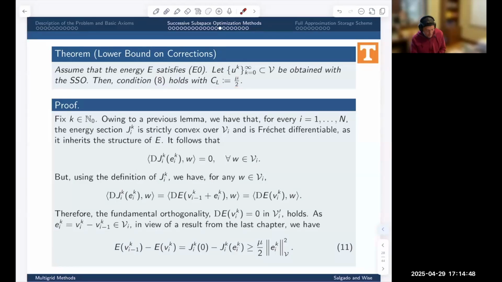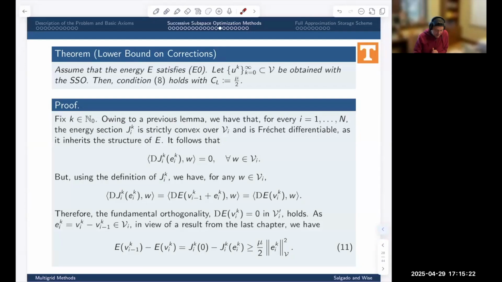All right, so owing to the previous lemma, every energy section that we need to optimize over in the SSO method is Fréchet differentiable. And furthermore, it inherits a lot of the other structure of E, like, for example, the quadratic energy trap, et cetera, et cetera. Remember, we pointed out that it also satisfies this concept of the fundamental orthogonality.